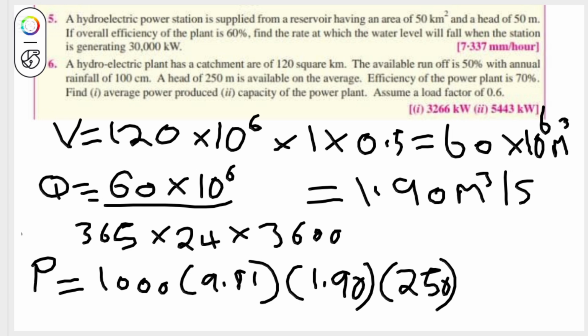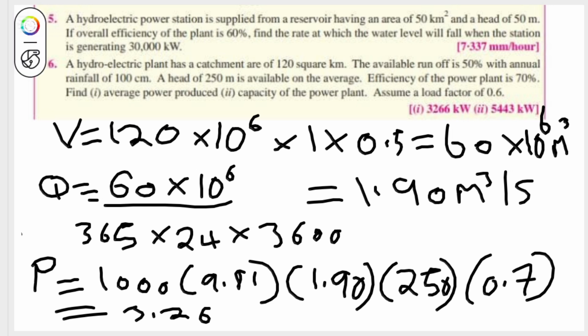So after the height, which is 250, then 0.7 as my efficiency. So at the end it will be equal to 3.26 megawatts.